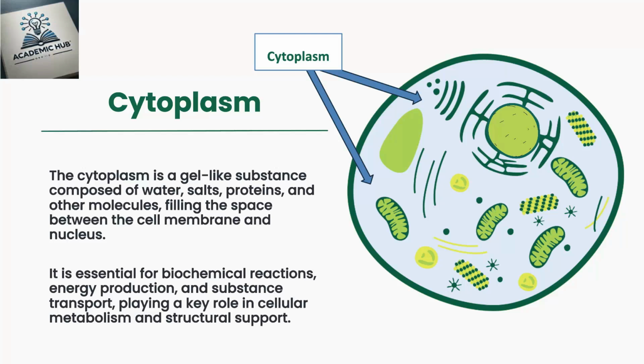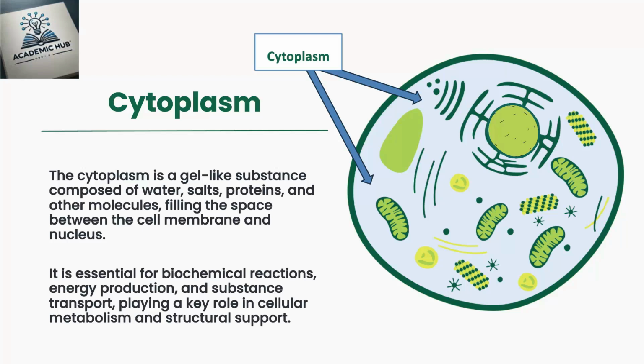The cytoplasm is a semi-fluid jelly-like substance that makes up a large portion of the cell's volume. It consists of three major components. First is cytosol. Cytosol is the liquid portion of the cytoplasm that contains dissolved nutrients, ions, and proteins.